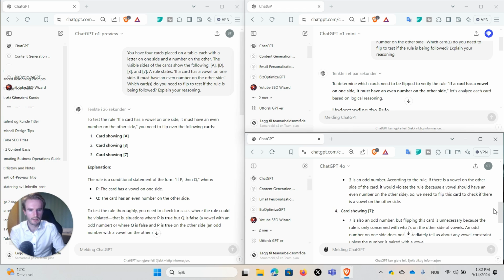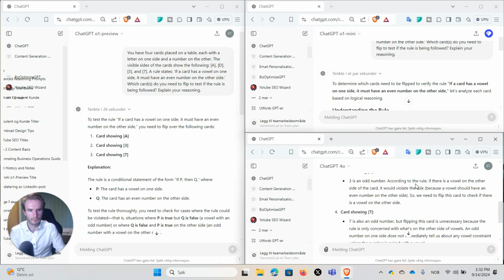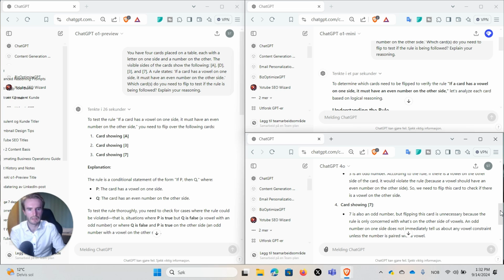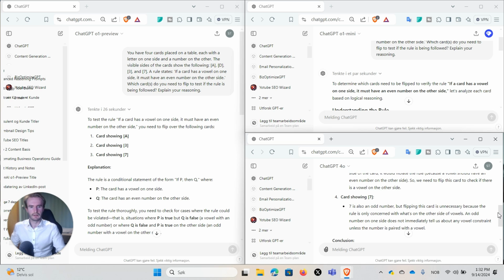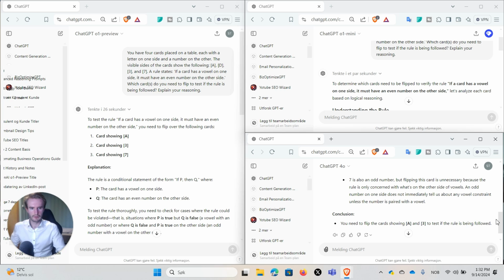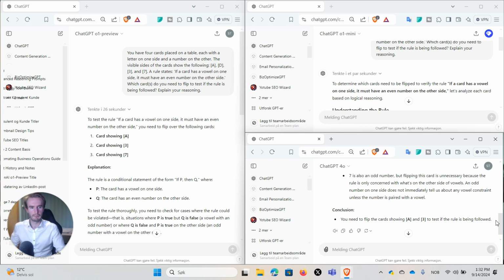The card showing 3: 3 is an odd number. According to the rule, if there is a vowel on the other side of the card, it will violate the rule because a vowel should have an even number on the other side. So we need to flip this card to check if there is a vowel on the other side. The card showing 7: 7 is also an odd number, but flipping this card isn't necessary because the rule is only concerned with what is on the other side of vowels.